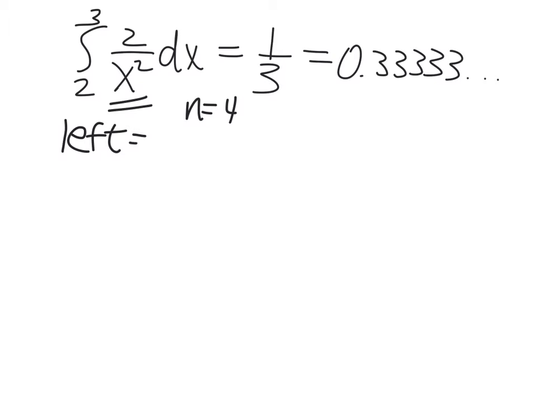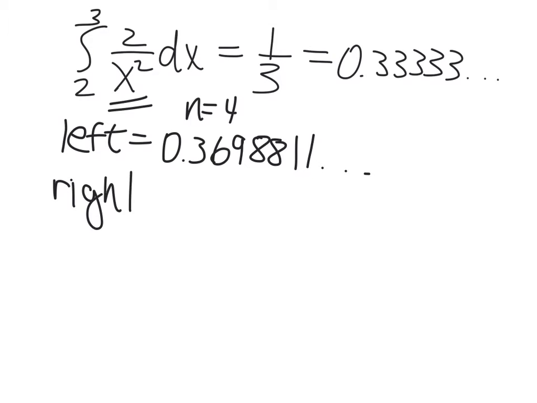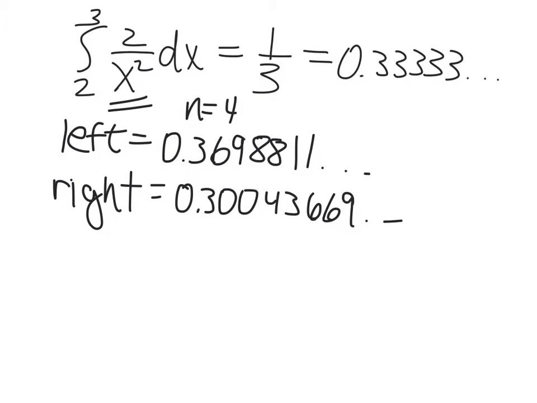But left endpoints, we'd end up with 0.3698811 and so on. Right endpoints, we would have 0.3004369 and so on.